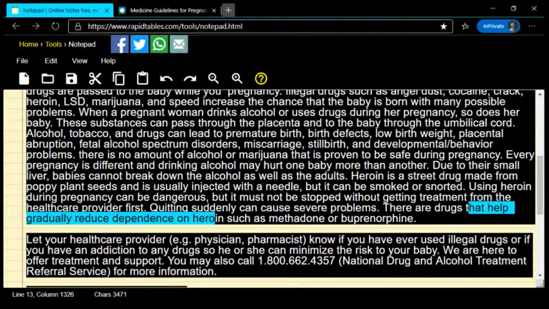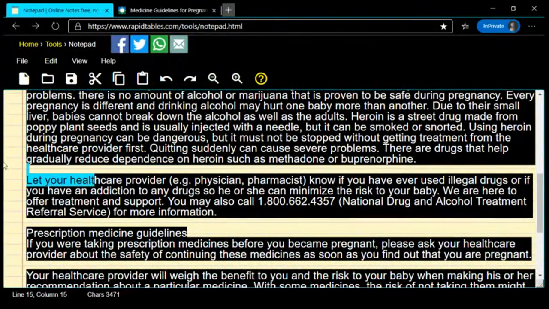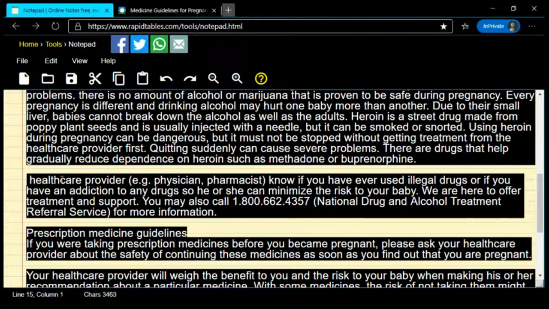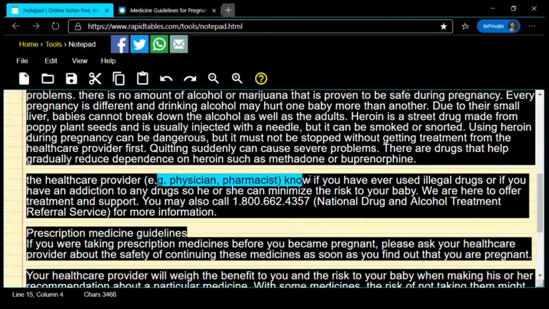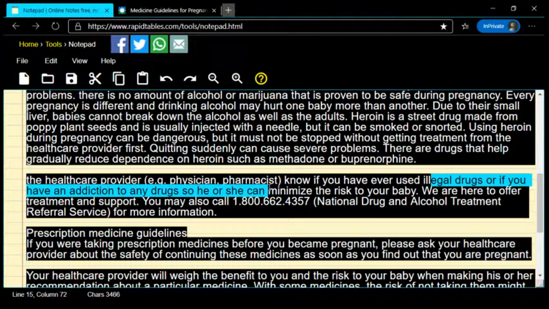Let's move on to the next. Your healthcare provider, for example a physician or pharmacist. If you are using any illegal drugs, you should minimize risk.